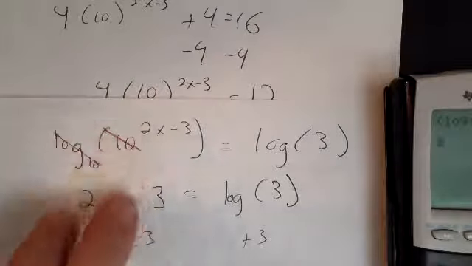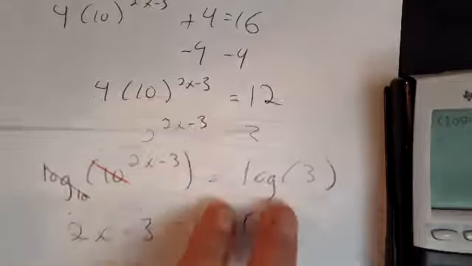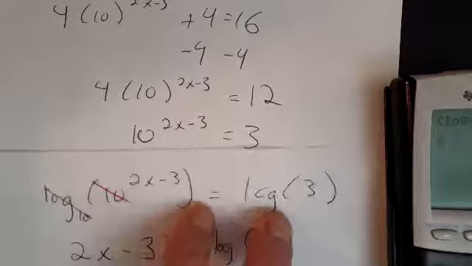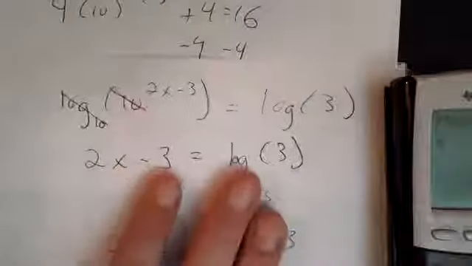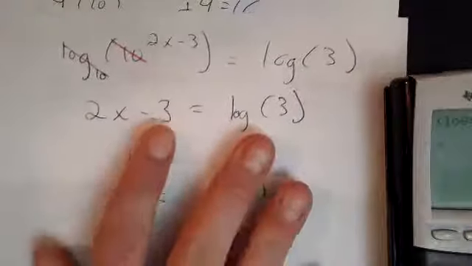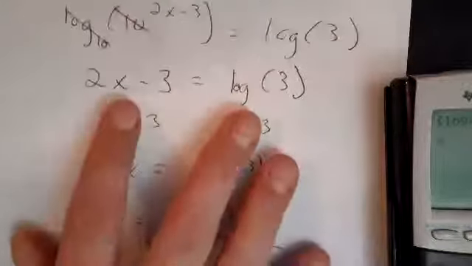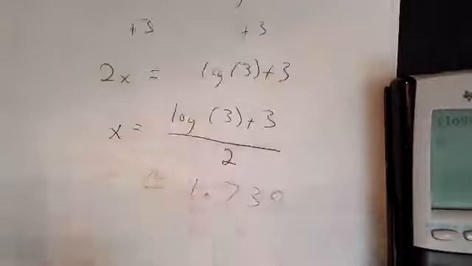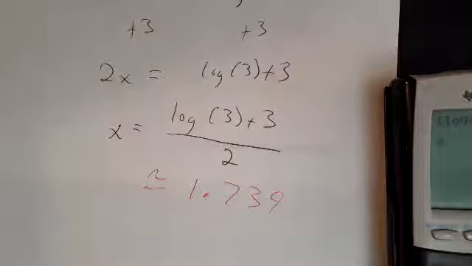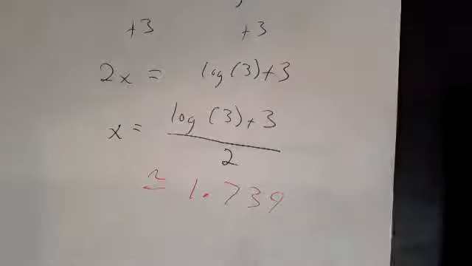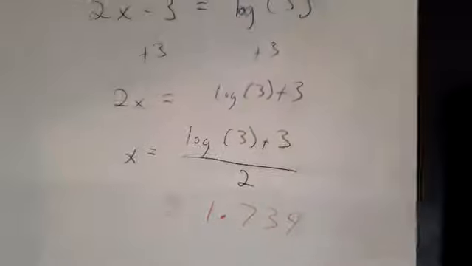Now we're left with 2x minus 3. This side is the log of 3. And now it's a first-order linear equation with a crazy number over here. Now we add 3 and divide by 2, and this will give us our final solution.